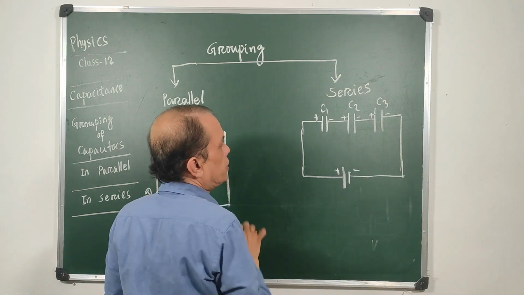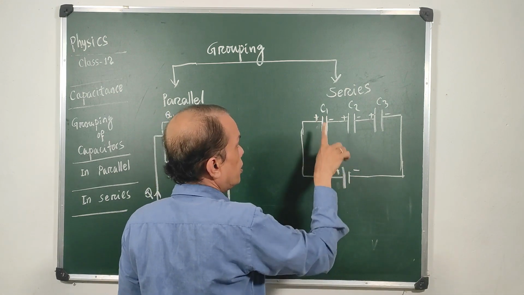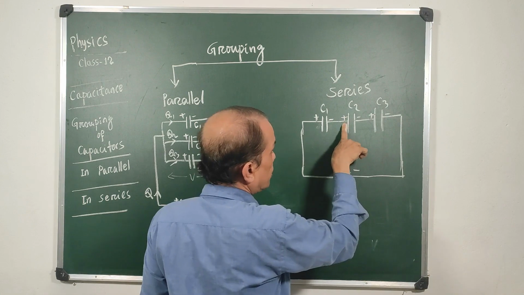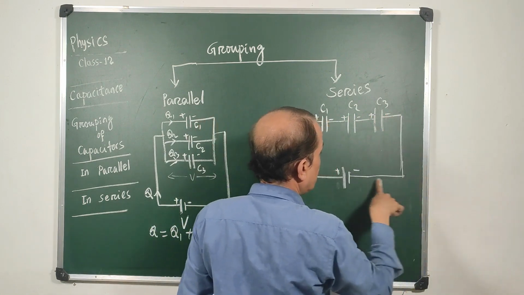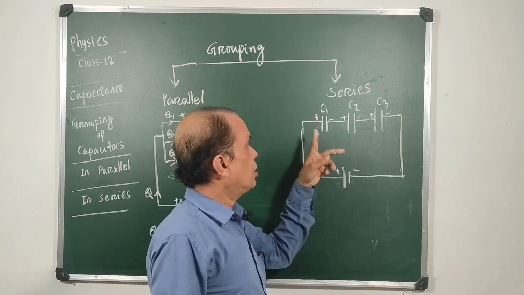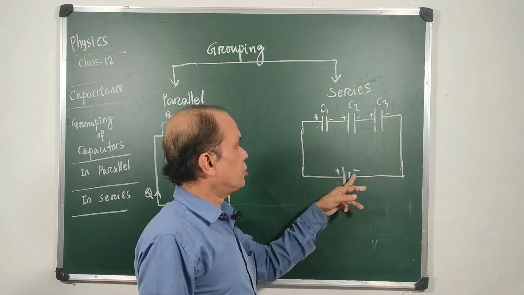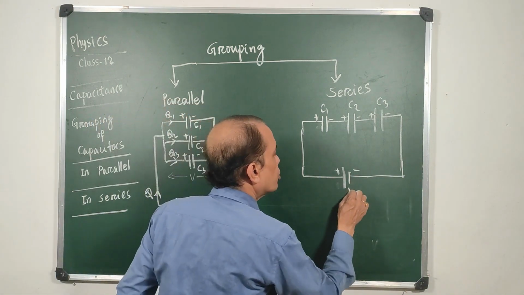Rather they are connected like this. The positive end of the first is connected with the positive terminal, the negative to the positive of the second, the negative to the positive of the third, and the last negative terminal to the last. So the positive terminal of the first capacitor and the negative terminal of the last capacitor are connected to the terminals, the source of EMF having potential V.